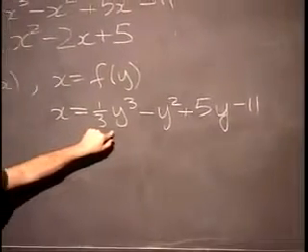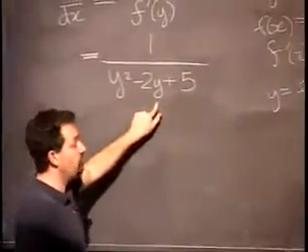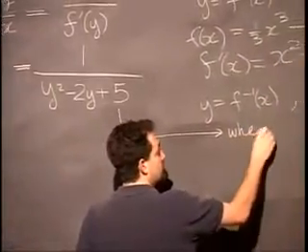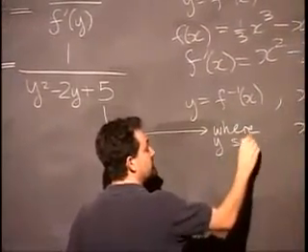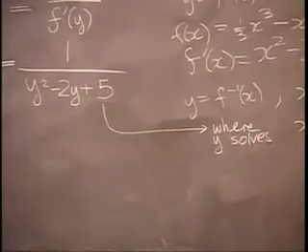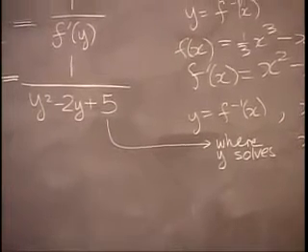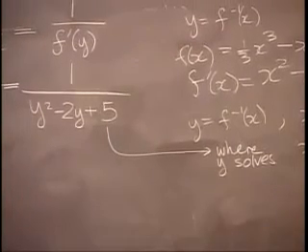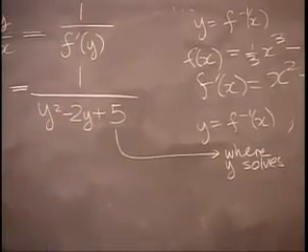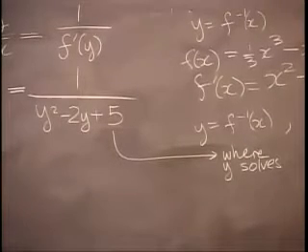So actually, the best you can do is leave this answer in this form, where y solves the equation x equals 1/3 y cubed minus y squared plus 5y minus 11. It's sort of oddly unsatisfactory, but that's the best you can do. If you like, you could replace y by f inverse of x, but you can't easily find that in terms of x. However, you sometimes can in specific cases.